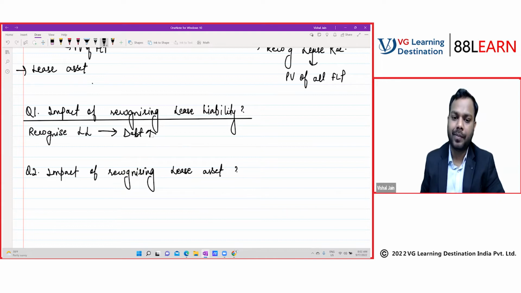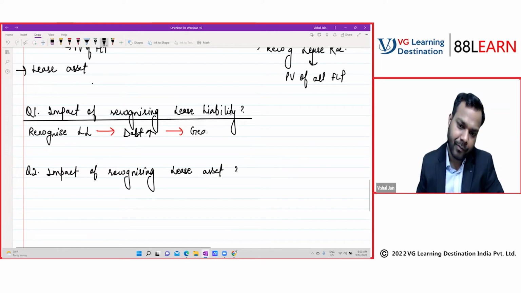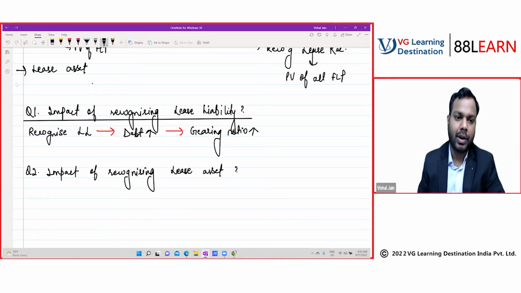Now, if the debt increases, what will happen? Your gearing ratio will increase. Now, if your gearing ratio increases, what is the ultimate impact of that?